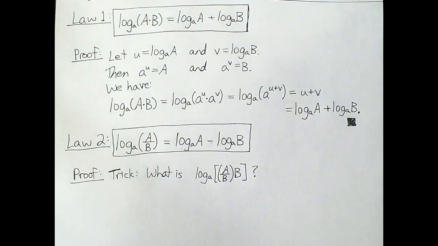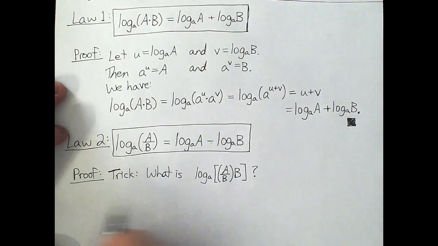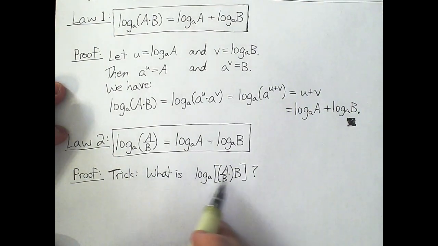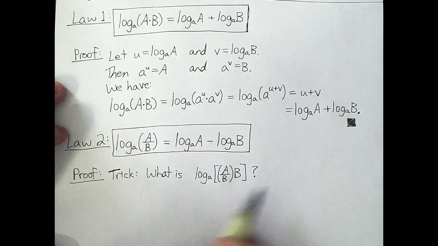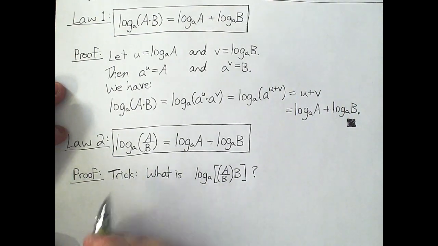Like, what is this thing equal to? And I'm going to answer this. Usually in a proof, we wouldn't have a question mark. You could probably rephrase what we're going to write here in a more formal way. But this is pre-calculus, so I think that it's okay to be a little bit more casual with our proofs.